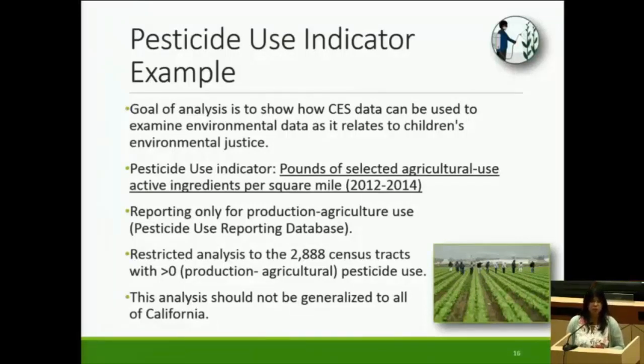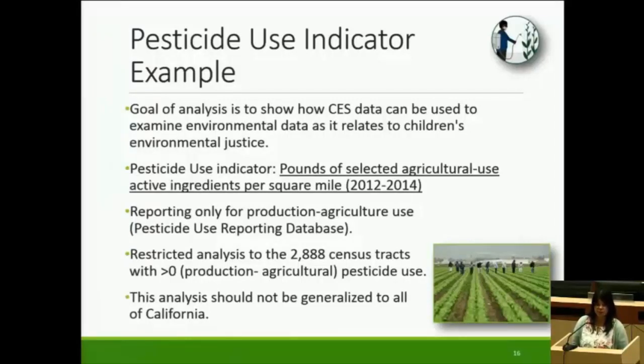So we wanted to do an example of looking at the pesticide use indicator to tie into some of the talks today related to pesticides. It's pretty interesting. The goal of the analysis is to show how data could be used. The pesticide indicator is pesticide use, which is the pounds of agricultural use pesticide active ingredients per square mile.